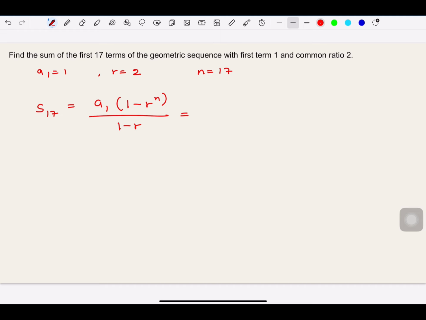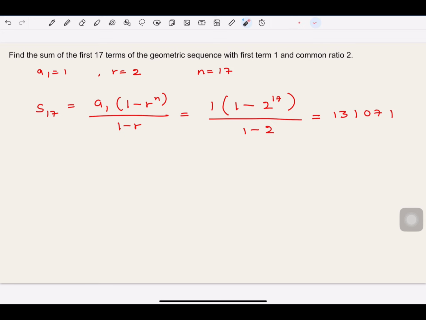Okay, so let's do the substitution. a1 is equal to 1, r is 2, and n is going to be 17, over 1 minus 2. Now if you use your calculator, you'll end up with 131,071.